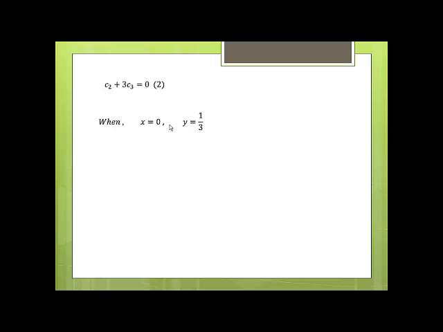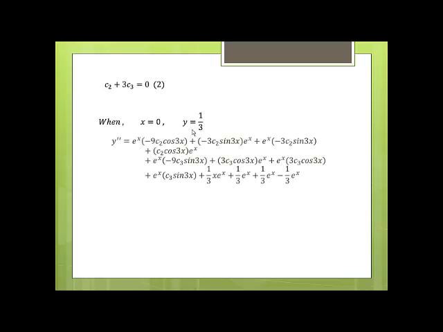Next, when x is equal to 0, y double prime is equal to 1/3.